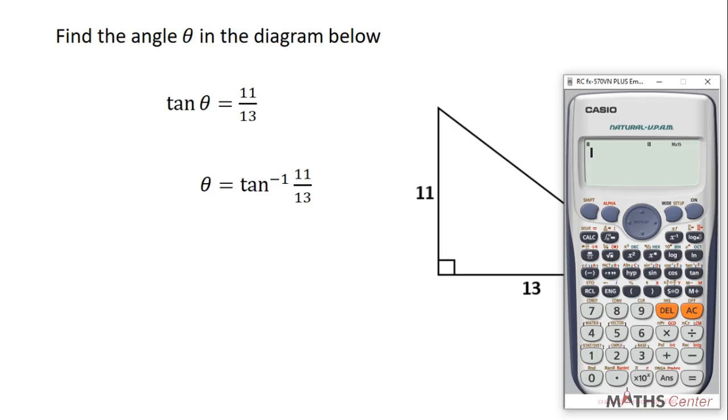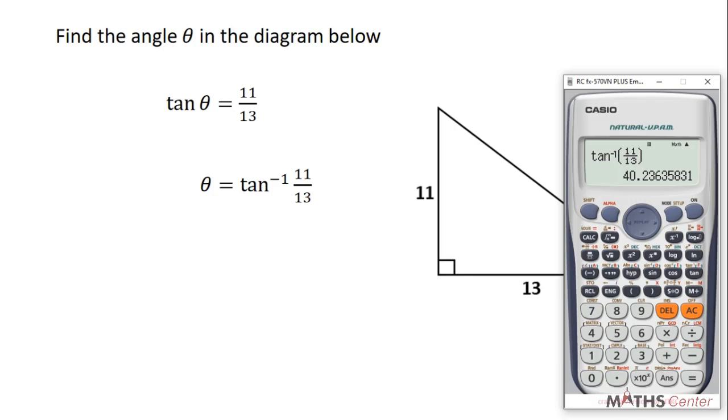So shift, then tan, you enter 11 divided by 13. Then you press equal to, and that will give us 40.236.